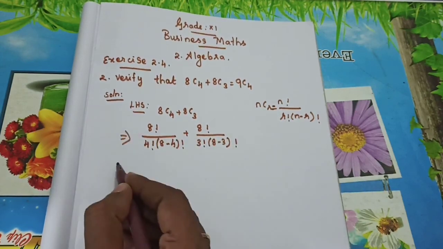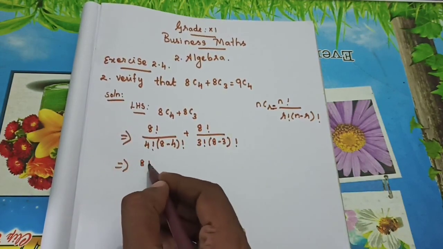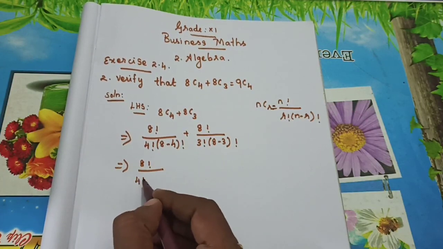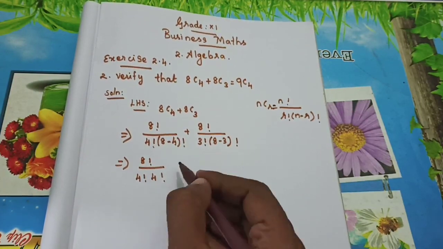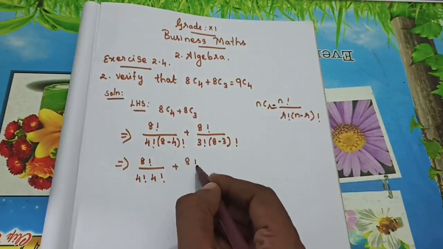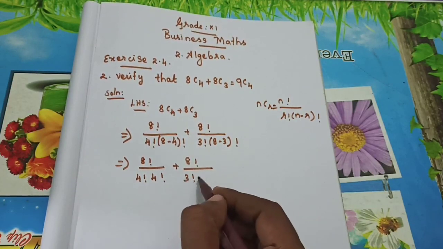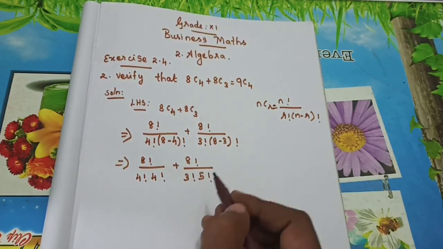Got it? Which implies 8 factorial divided by 4 factorial 4 factorial plus 8 factorial divided by 3 factorial 5 factorial.